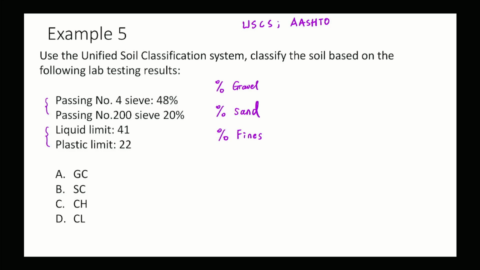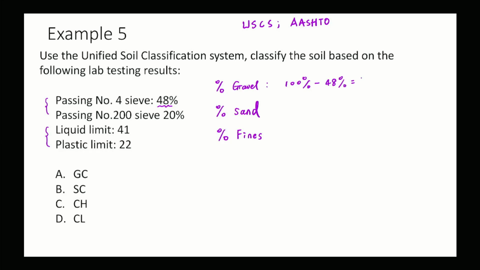So we have 48% passing number 4. That means anything that is larger than number 4 sieve would be classified as gravel in the USCS system. So the percentage of gravel would be 100% minus 48%.